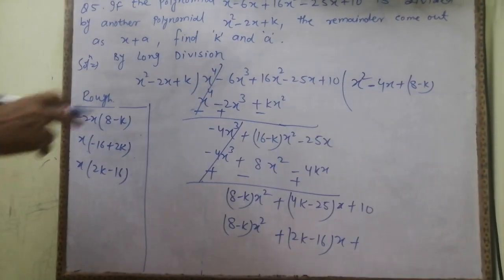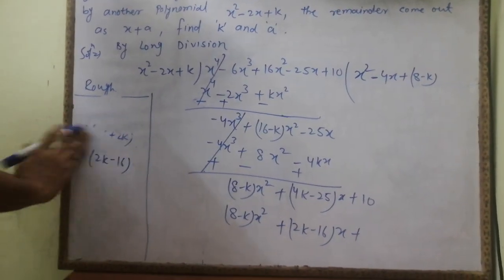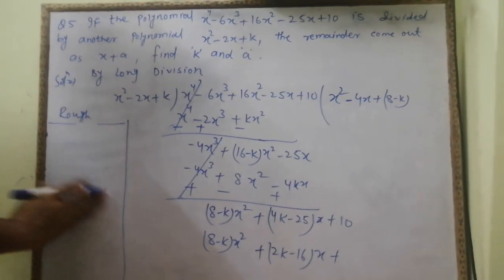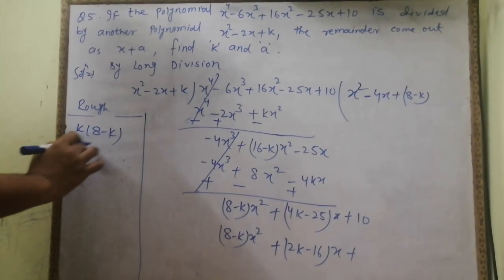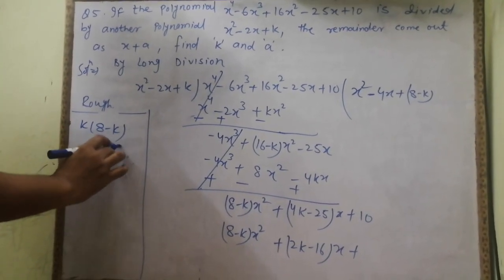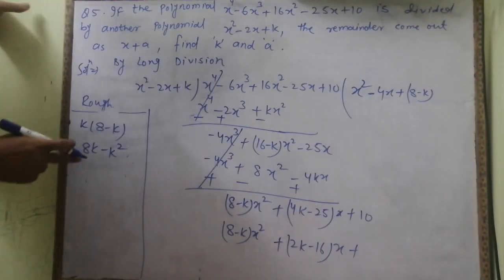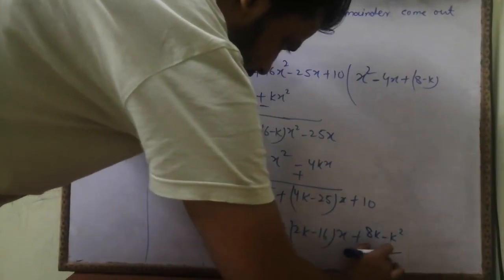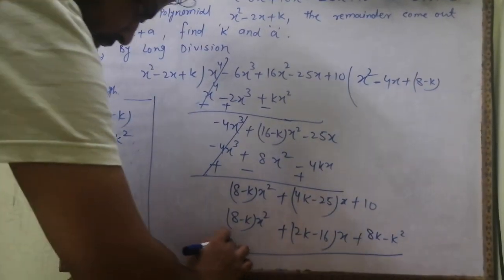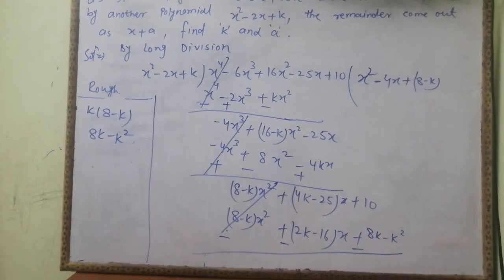And k into 8 minus k is 8k minus k square. Write 8k minus k square, and the terms cancel out.